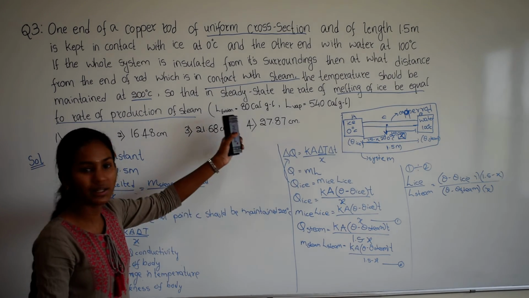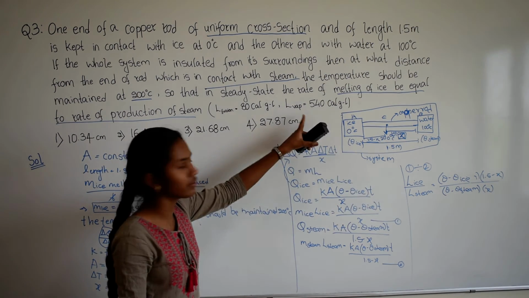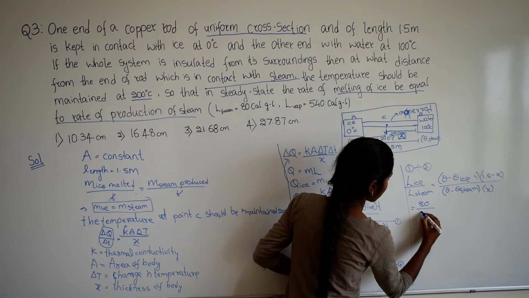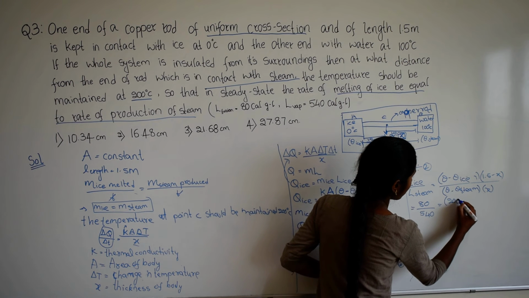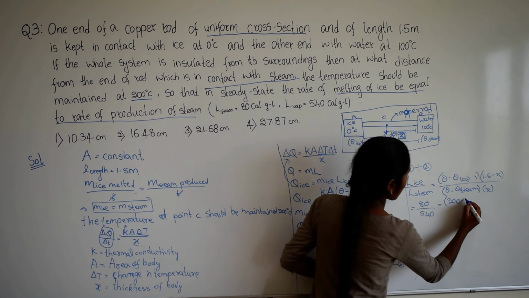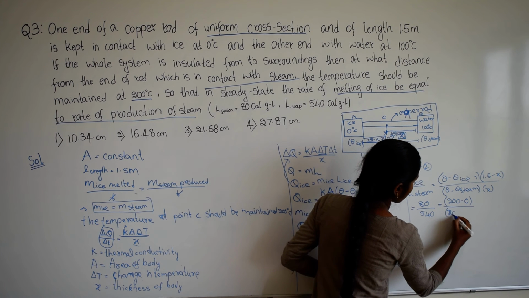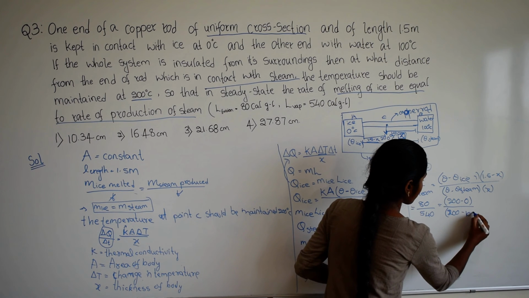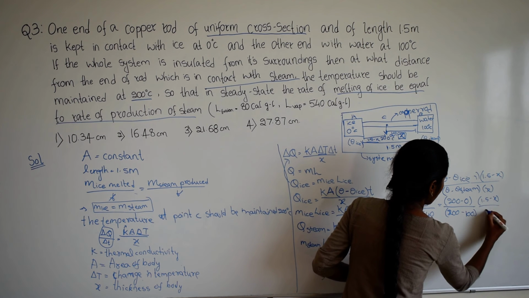Latent heat of ice will be the latent heat of fusion, that is 80, and latent heat of steam will be 540. So 80 by 540 is equal to 200 minus the ice temperature, which is 0, by 200 minus the temperature of steam, which is given as 100, into 1.5 minus x by x.